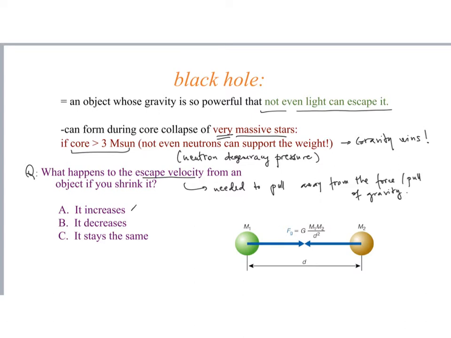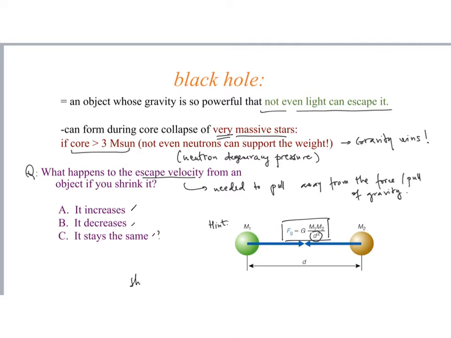So increase the speed, or decrease, or it's probably going to stay the same. What do you think? First of all, the hint comes from remembering what the force of gravity is about. Remember how that is proportional to the masses and inversely proportional to the distance.